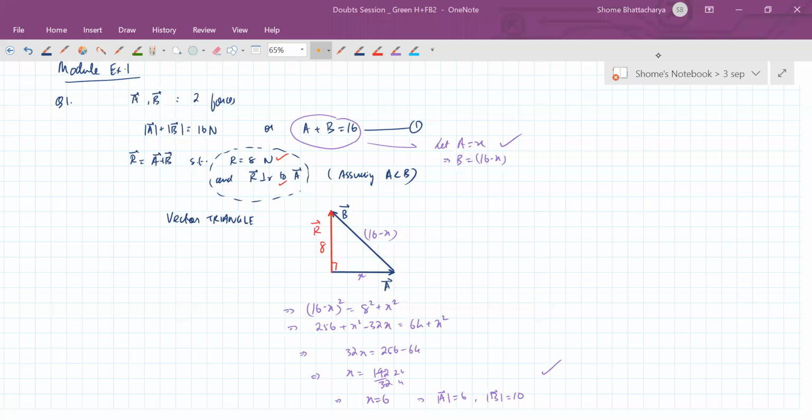So next we will come to question number 5 and 8. Okay, so finish writing this, then come to question 5, 8 and 12. These three we will do.